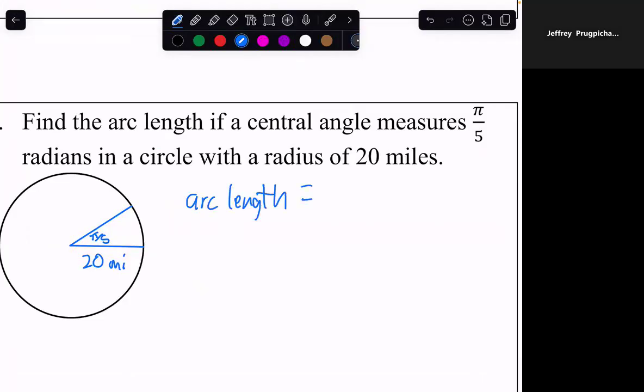We have pi over 5 radians, but we know a full circle is 2 pi. And then what do we multiply by? Because we're finding arc length, we need to find the full circumference, right? Not the area, but the circumference for arc length.